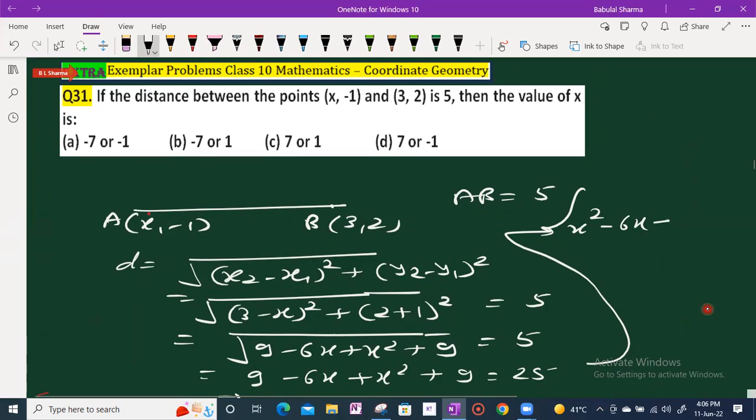That is 15 minus 25, that is minus 10 is equal to 0. Sorry, 9 plus 9, 18, that will be 18 minus 25, that is minus 7.